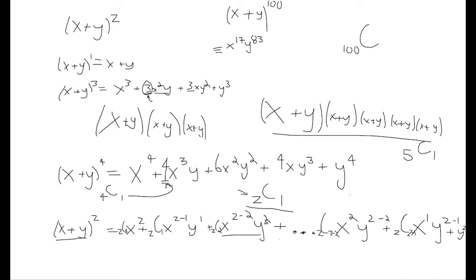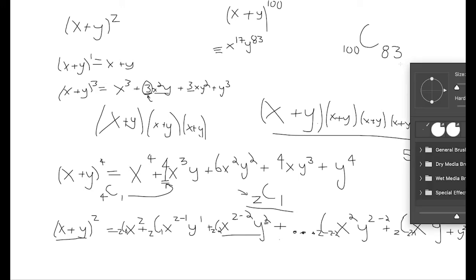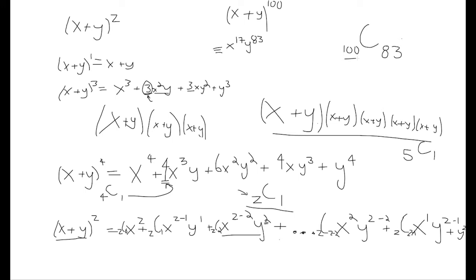In this case we're picking out 83 y's, so it would be 100 choose 83. By the way, when I say 100 choose 83 or 4 choose 3, I say this number first, then choose, then this number. But anyways, we found out that it's 100 choose 83. So how many different ways can we choose 83 of those x plus y's to be y?